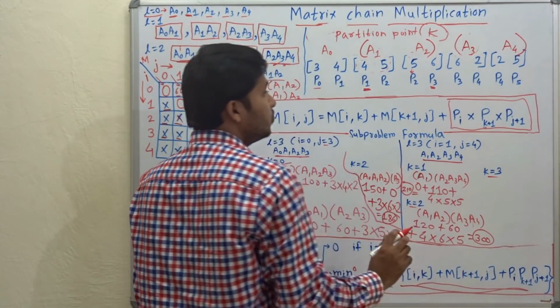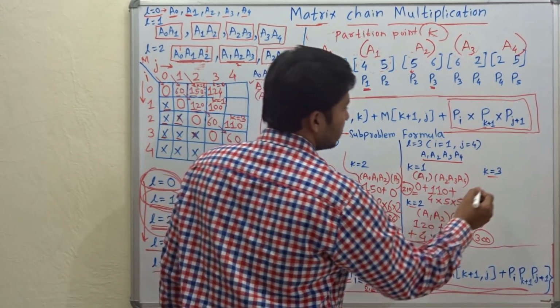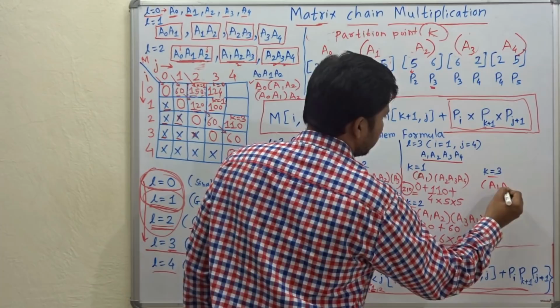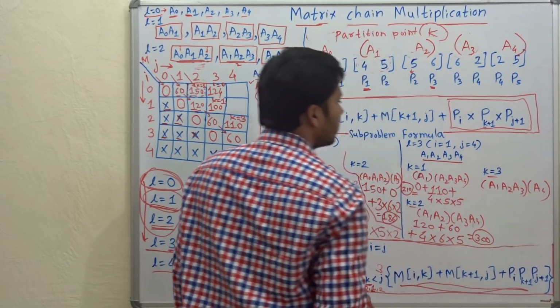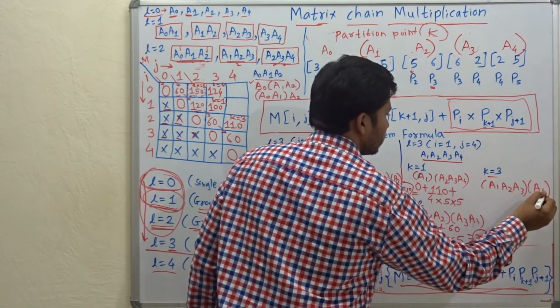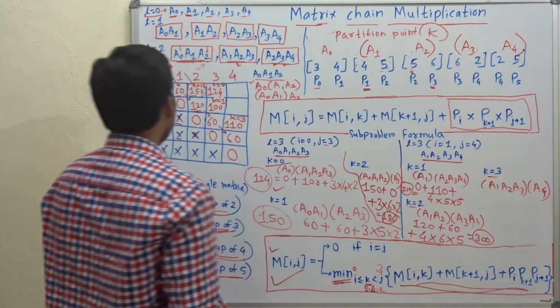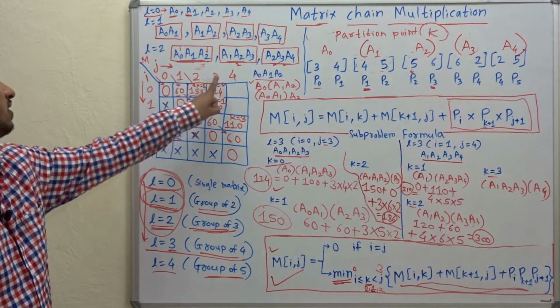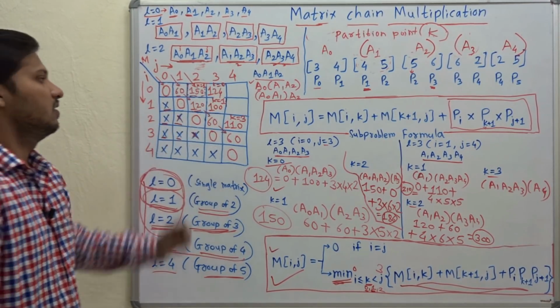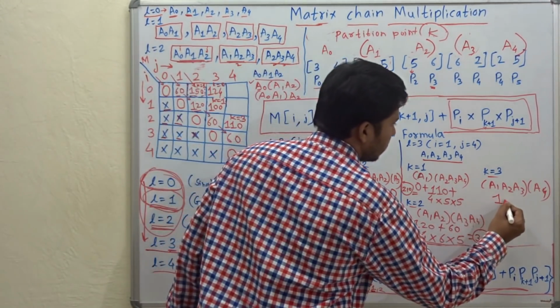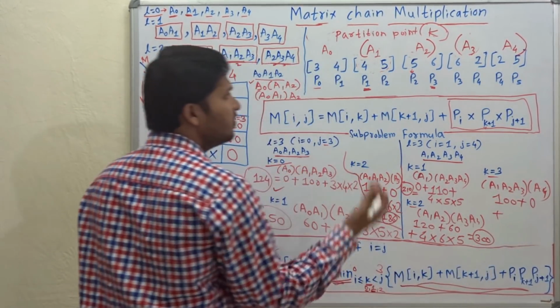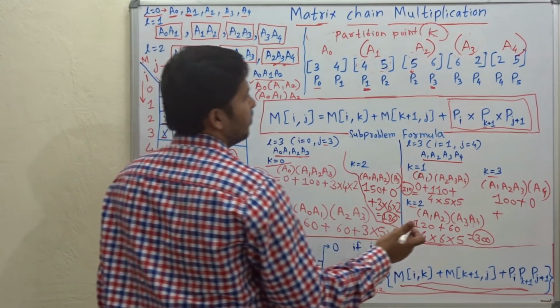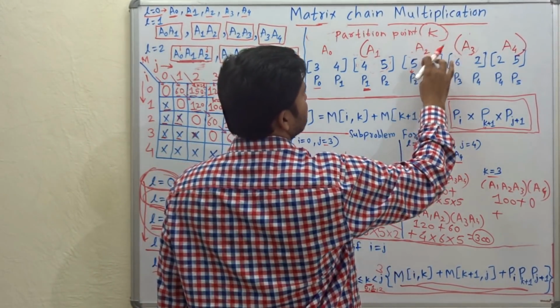Now for k equal to 3, let's see what are the partitions. A1, A2, A3 and A4. Okay. Now what is the cost for A1 to A3? A1 to A3, that is 100. So 100 is the cost. Plus for A4, 0 will be the cost because that is an individual matrix. Now plus, what is the division?